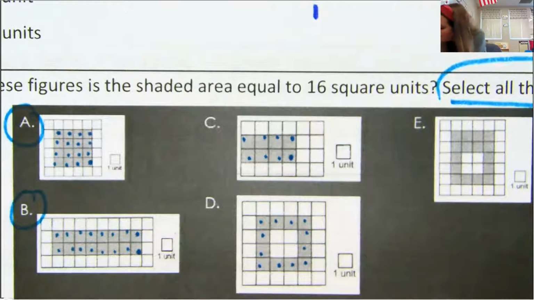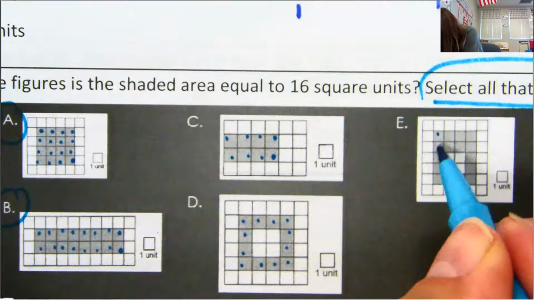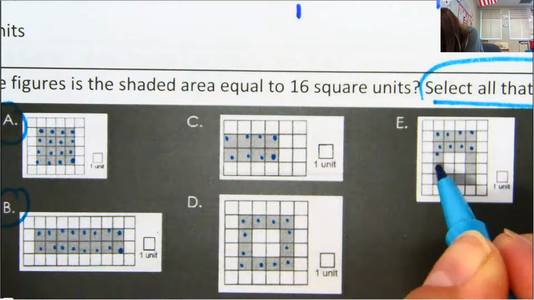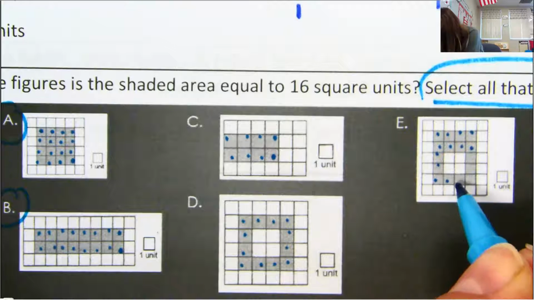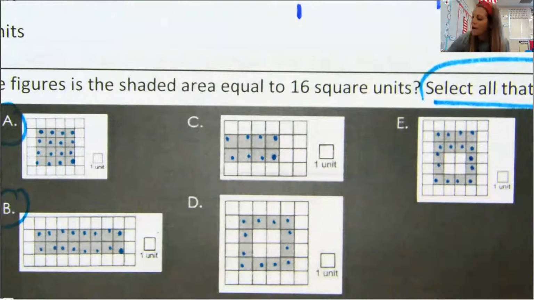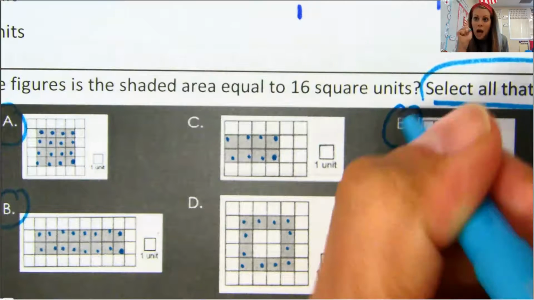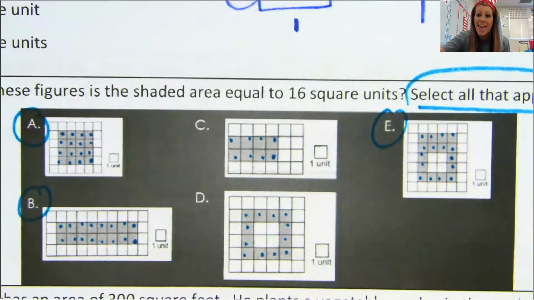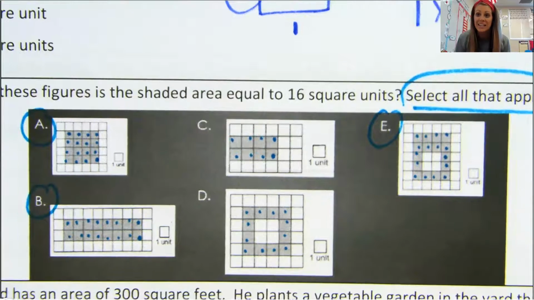No. 1, 2, 3, 4, 5, 6, 7, 8, 9, 10, 11, 12, 13, 14, 15, 16. See how if you touch and make a mark in each of the squares, that's going to help you, okay? So you should have actually picked 3, A, B, and E.